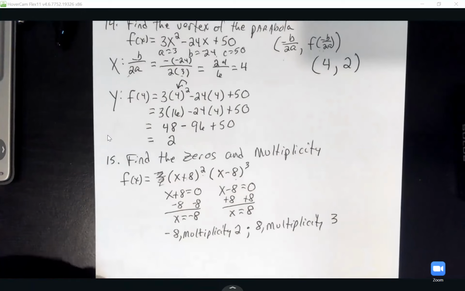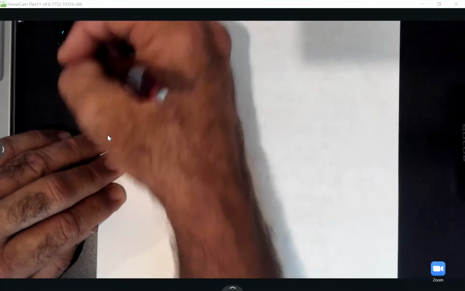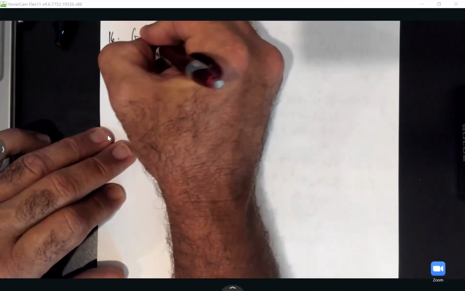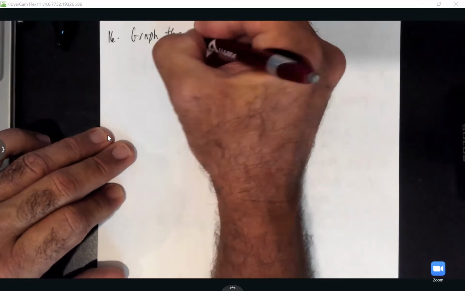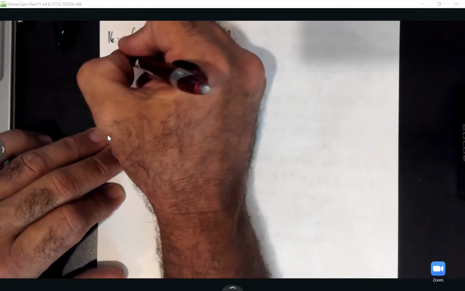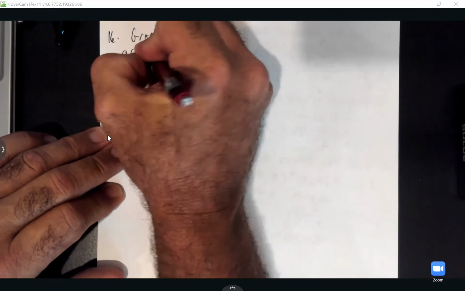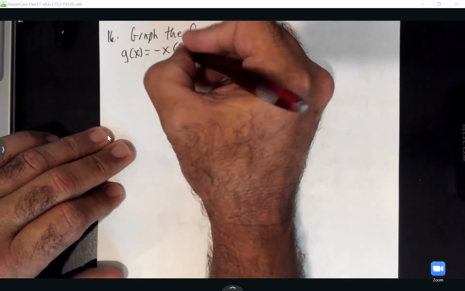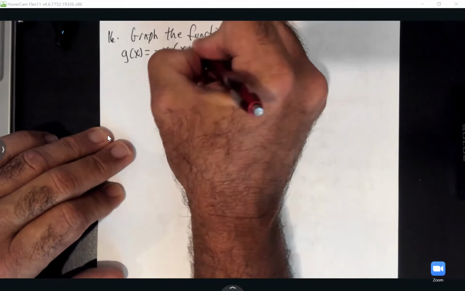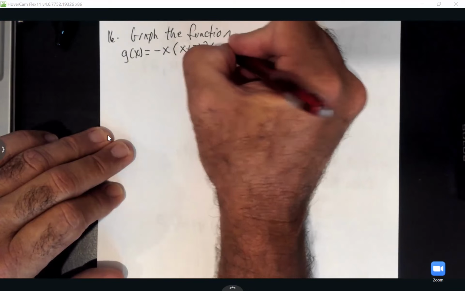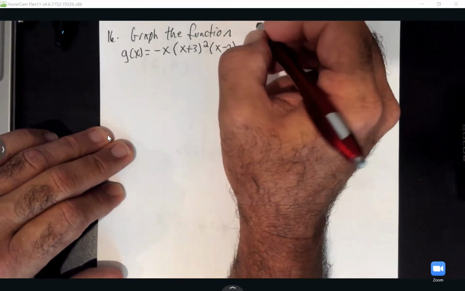All righty, let me see what this 16 is saying. Oh, 16 just says graph the function. They're giving me g of x equals a negative x times x plus 3 squared times x minus 2 squared.